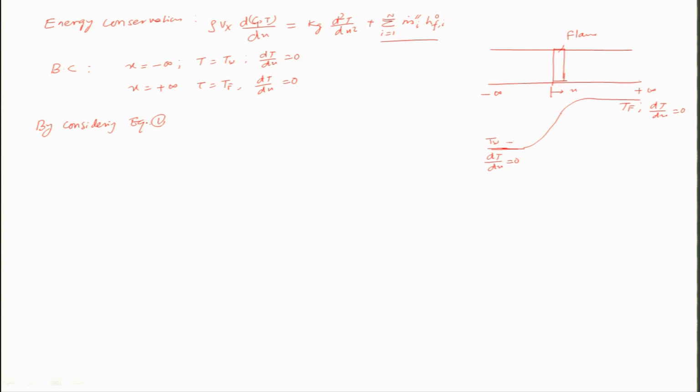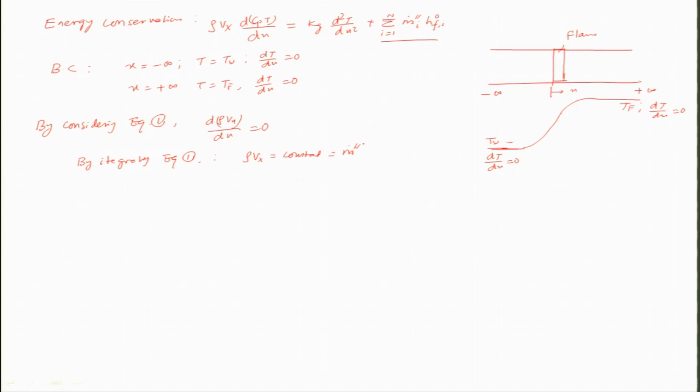I can integrate that, d of rho Vx by dx is equal to 0, and I get rho Vx equal to a constant, which is the mass flux.